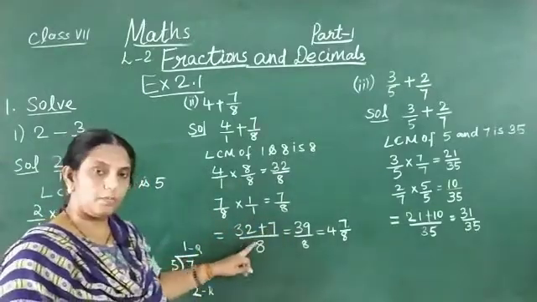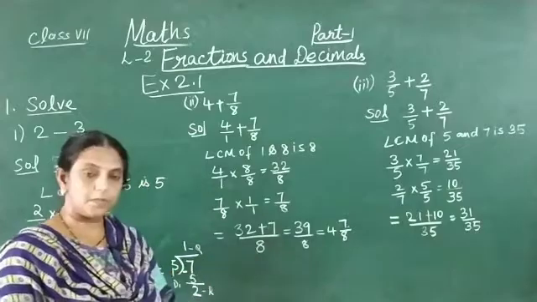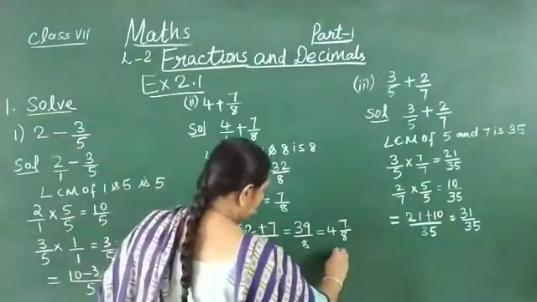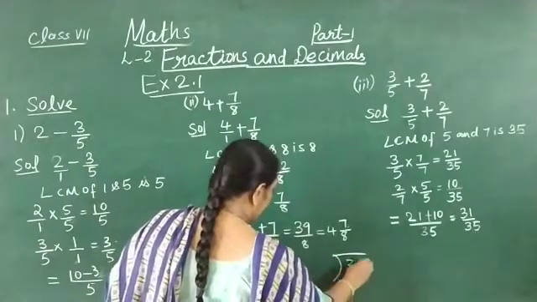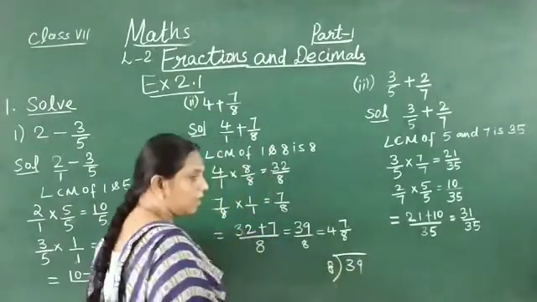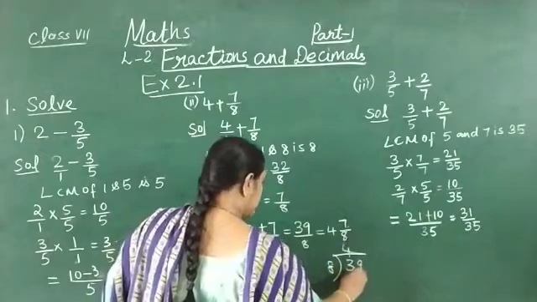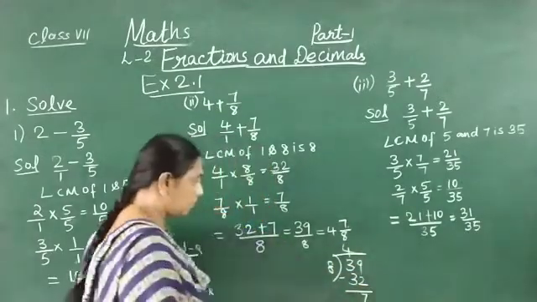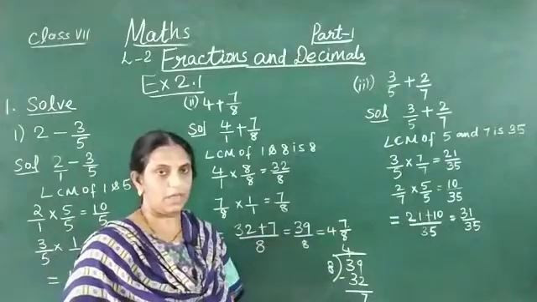Now 32 plus 7 by 8 becomes 39 by 8. When you divide 39 by 8, in the 8 table, 4 times, 4 8s are 32. When you subtract, you will get 7. So the answer is 4 7 by 8.